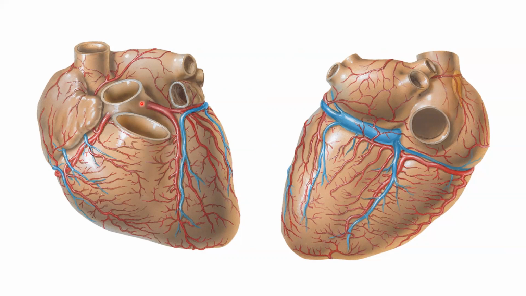It passes in between the left auricle and the infundibulum of the right ventricle before it terminates into two branches, which are the left circumflex artery and the left anterior descending artery. After that, it turns posteriorly and anastomoses with the end of the right coronary artery at the margin of the left border of the heart. It gives off the left marginal artery.